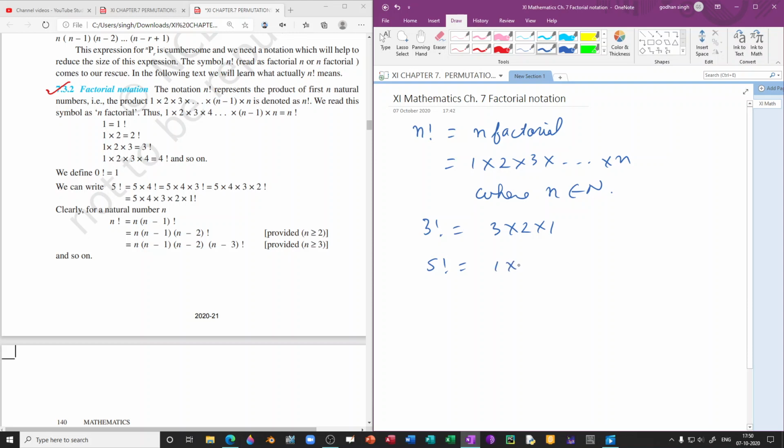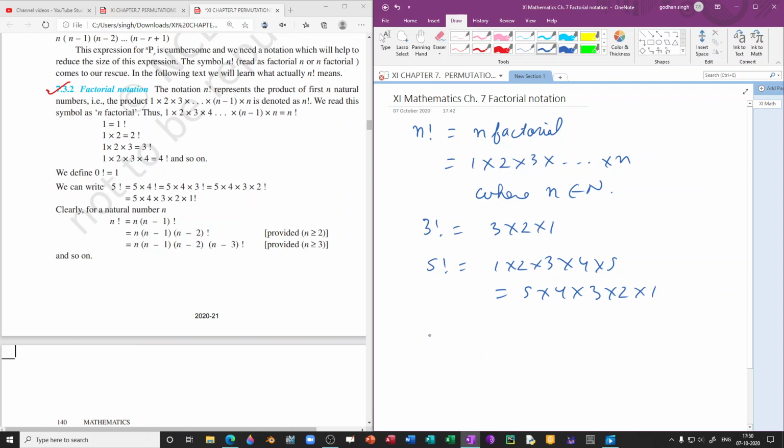So 1 into 2 into 3 into 4 into 5, or we can write this as 5 into 4 into 3 into 2 into 1. Anyway we can write, it doesn't make any difference, but the thing is that n factorial denotes the product of all the natural numbers starting from 1 till n, or starting from n till 1.